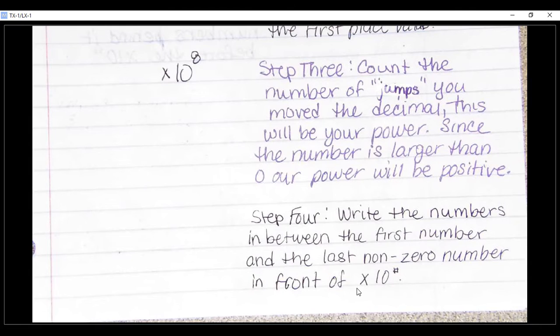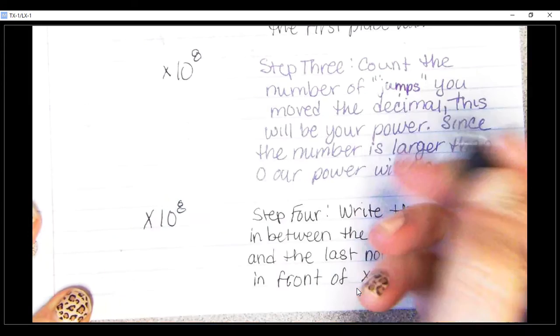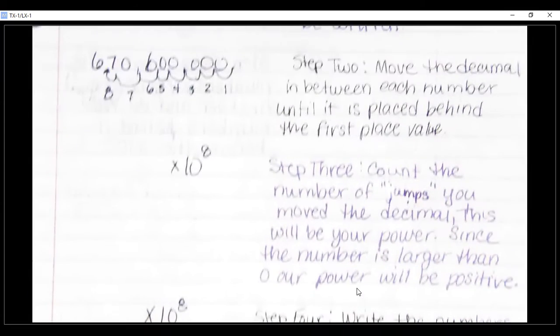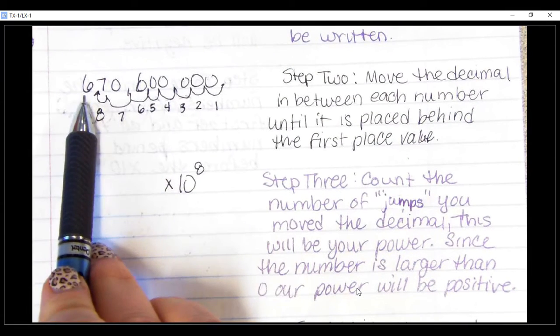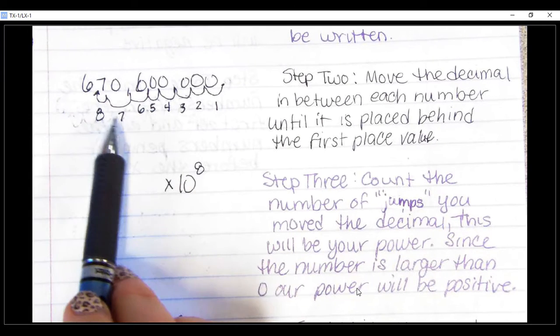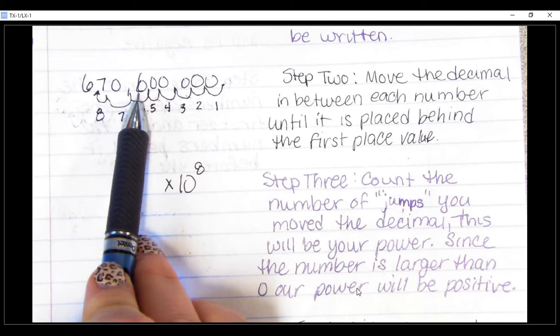Step 4, write the numbers in between the first number and the last non-zero number in front of times 10 to the certain power. So I have my times 10 to the 8th power. What I mean by step 4 is that you need to find all the numbers between that first number before the decimal point and the last whole number that's not 0. And that is going to be 6 in this case.